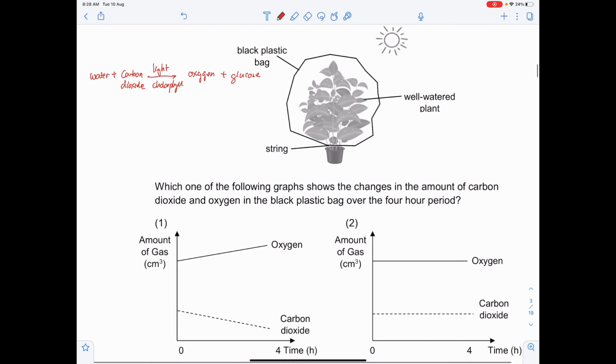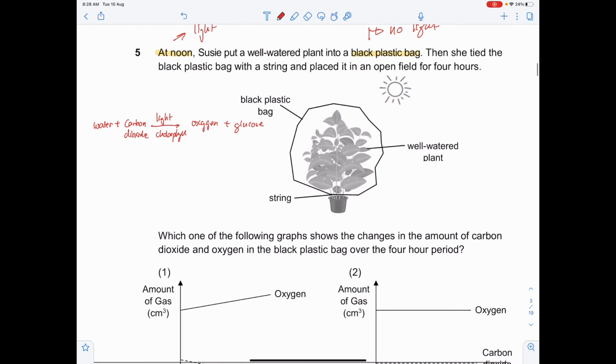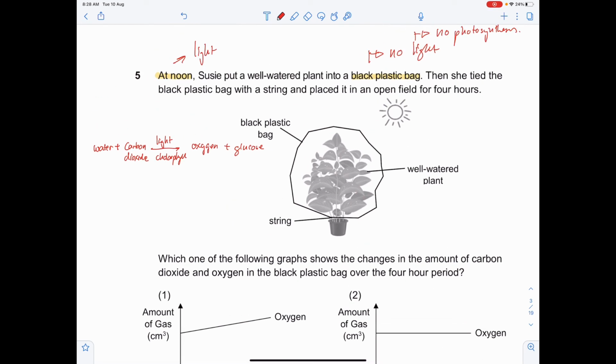So we know that if photosynthesis occurs, I should get oxygen. But is this the case? No, right? Because photosynthesis did not occur, we will not get a high amount of oxygen.